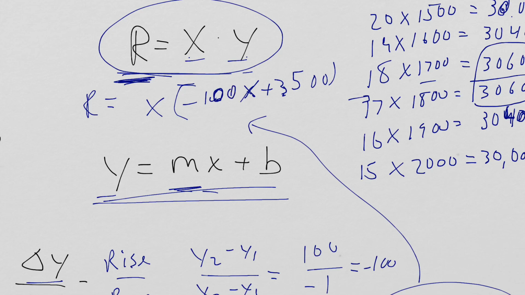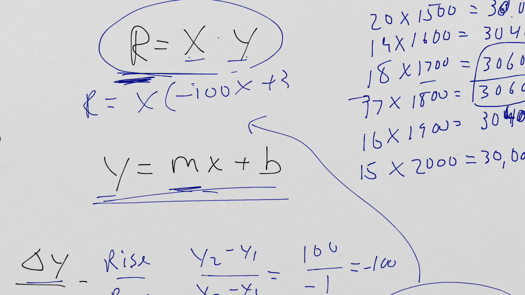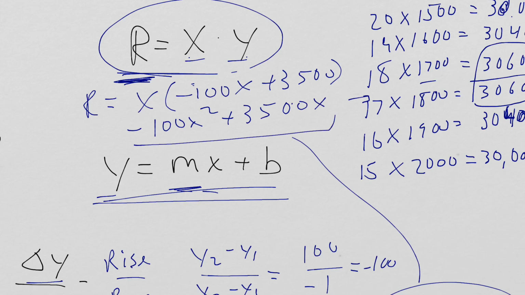Let's start over. X times negative 100x plus 3,500. If I multiply this out, I get negative 100x squared plus 3,500x. Okay, so this is my revenue equation. This is what revenue equals.